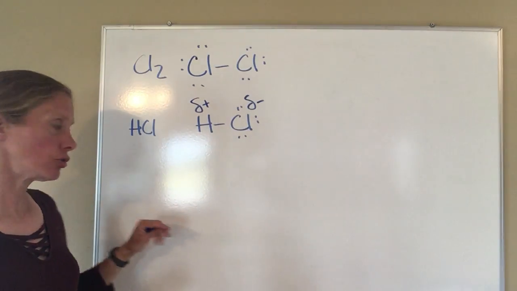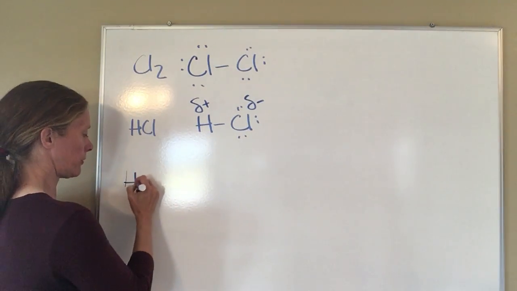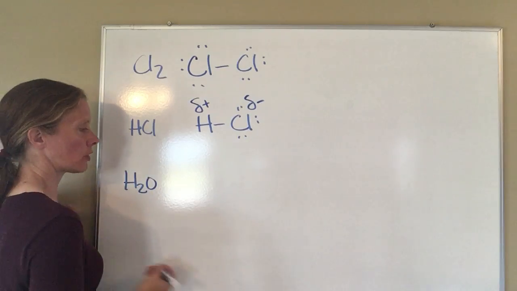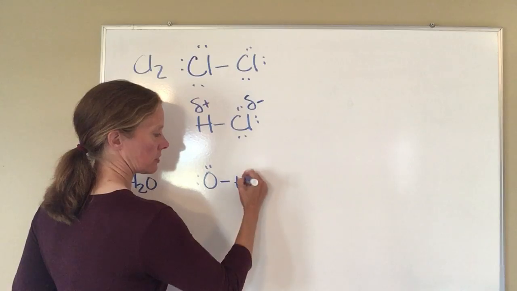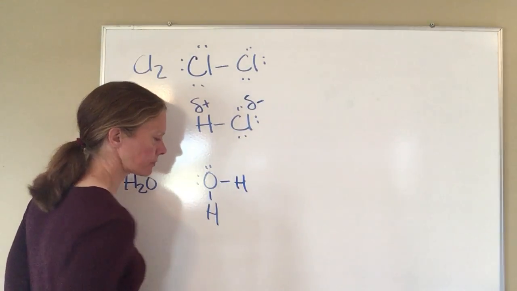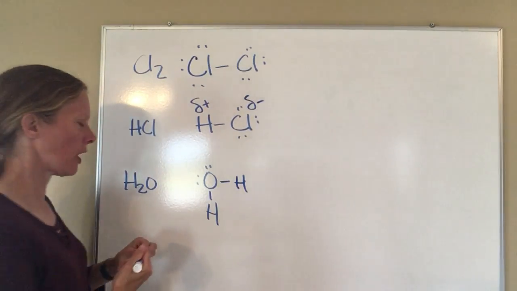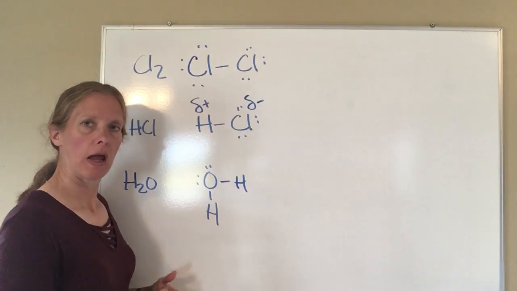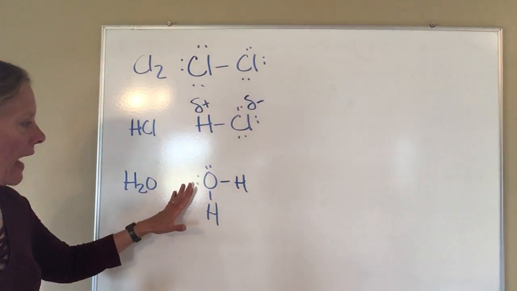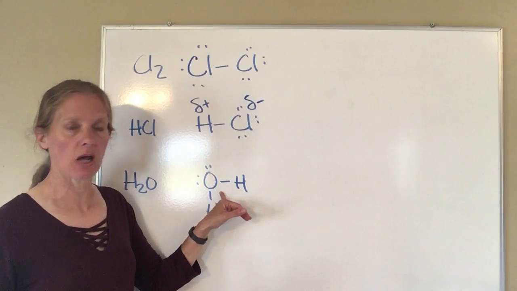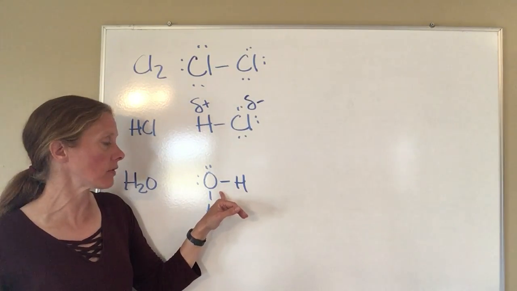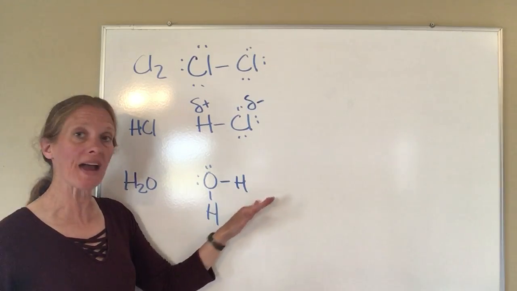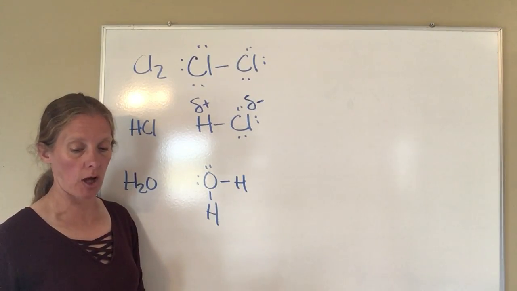Let's look at another example and look at water, and if I draw the dot structure for water, I find that it looks like this. Okay, so I have 2 hydrogens bonded to an oxygen, and again, what happens is that the oxygen has a higher electronegativity, and it is going to pull on these electrons a whole lot more than the hydrogens are going to be able to pull on it.